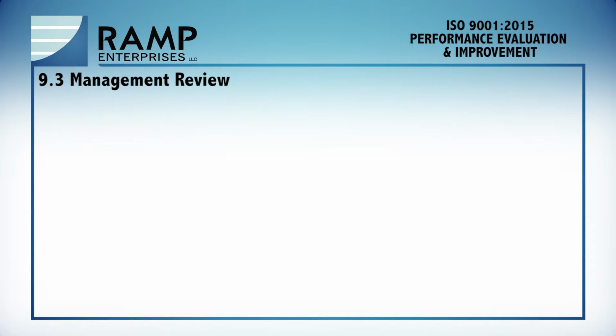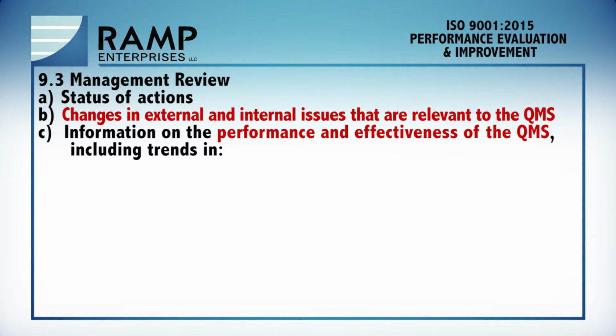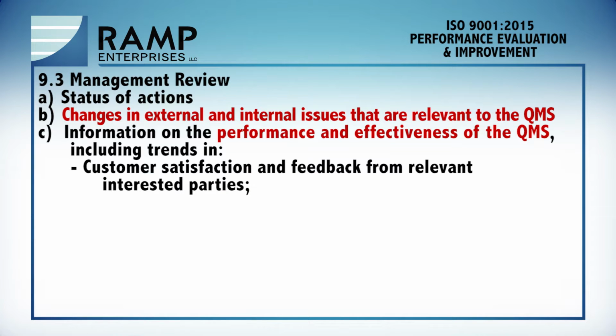And finally, 9.3, management review. We will go through this one more time because I want to make sure you're doing this well. Status of actions, changes in external and internal issues that are relevant to the QMS. That links right back to context of the organization. C, information on the performance and effectiveness of the QMS, including trends in customer satisfaction and feedback from relevant interested parties, right back to context of the organization.